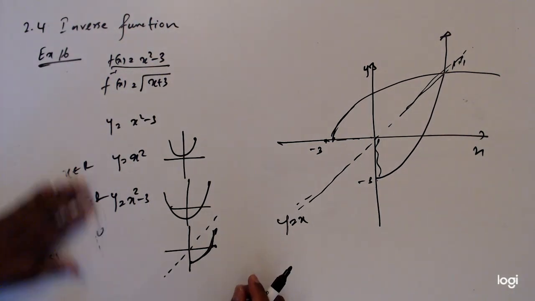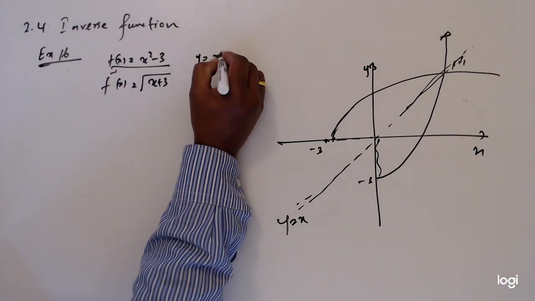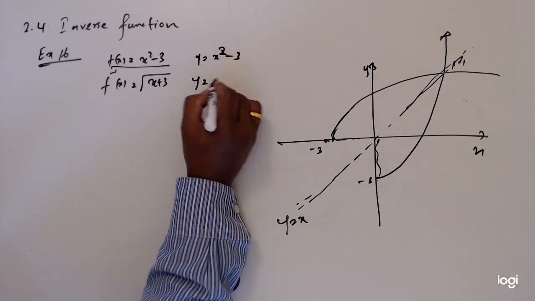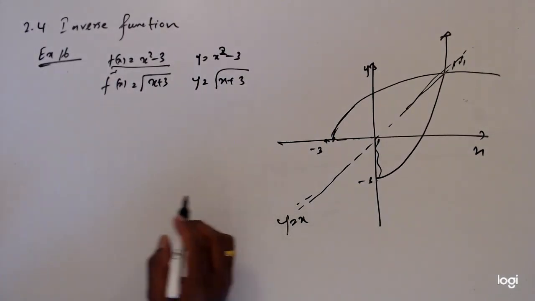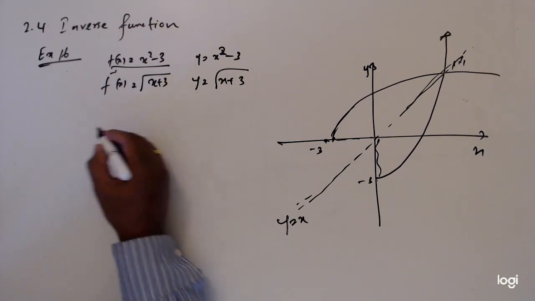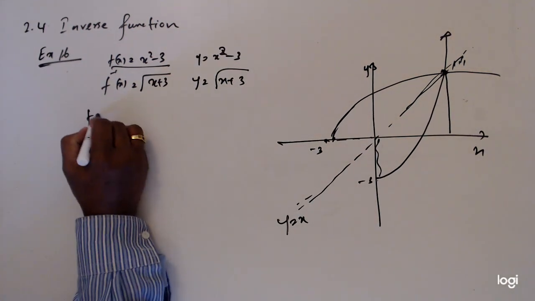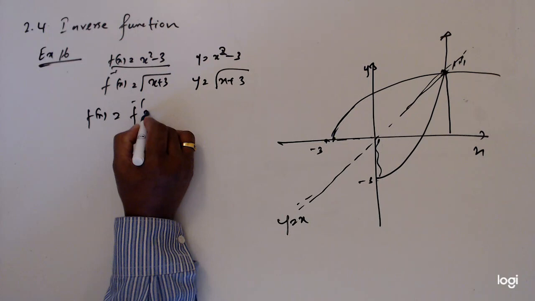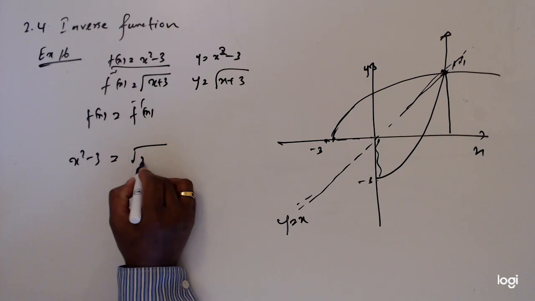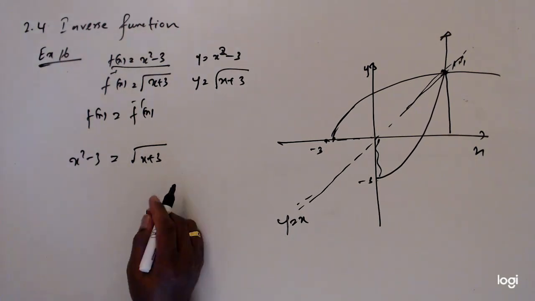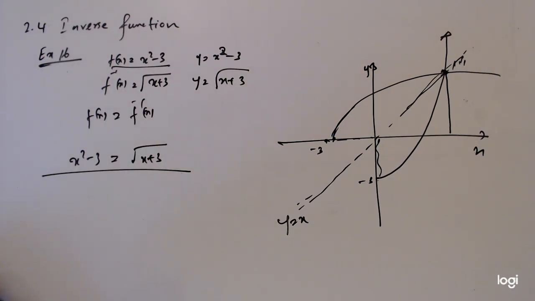And the last part, we need to solve two equations, y equal x square minus 3 and y equal square root of x plus 3. We have only one intersection point. So when we equate f(x) equal f inverse x, x square minus 3 equal square root of x plus 3. Now we can see this is going to be a difficult equation to solve, though we can still solve it.